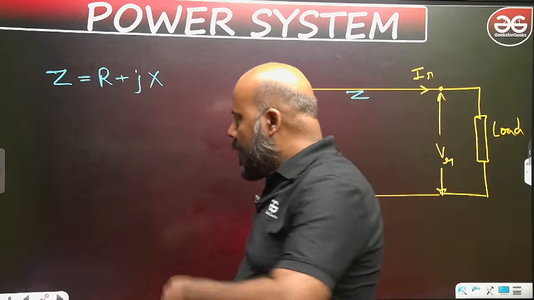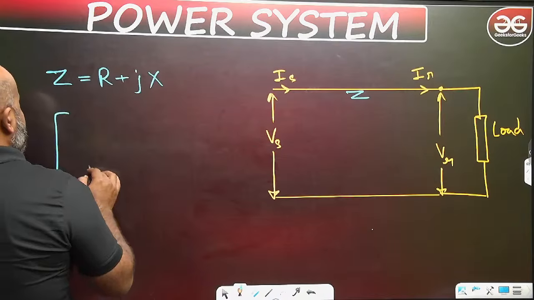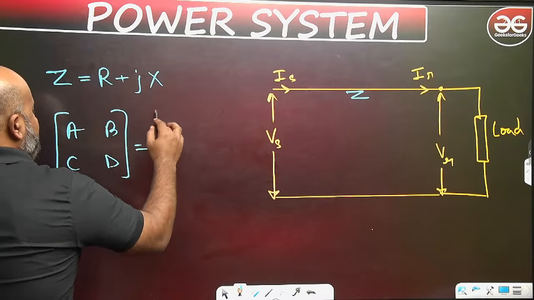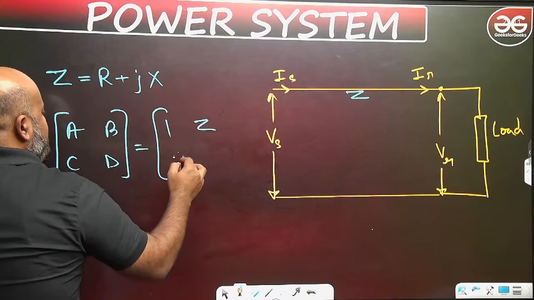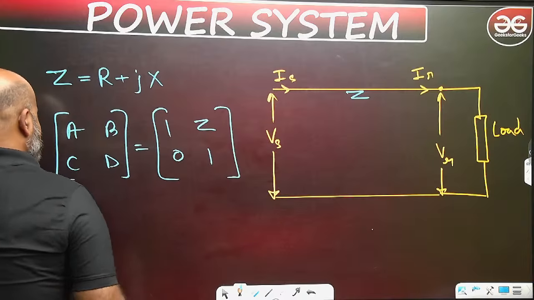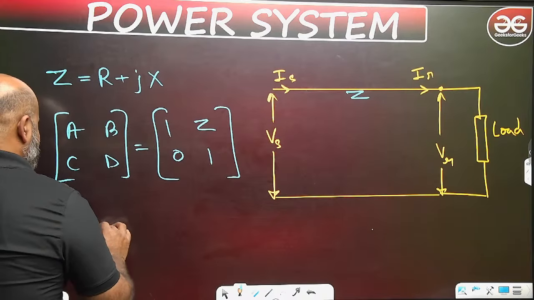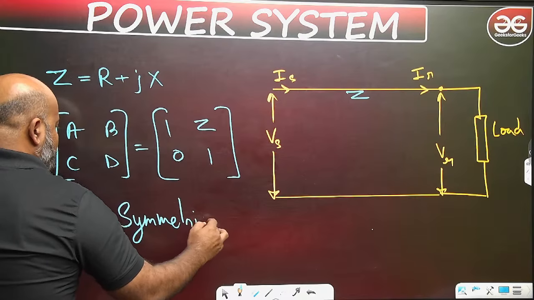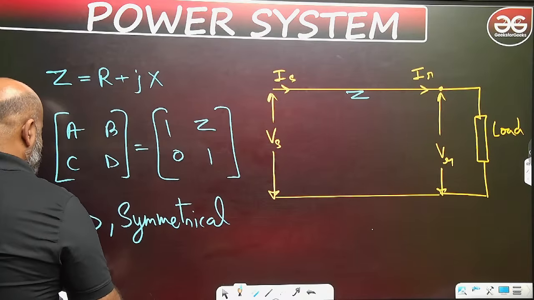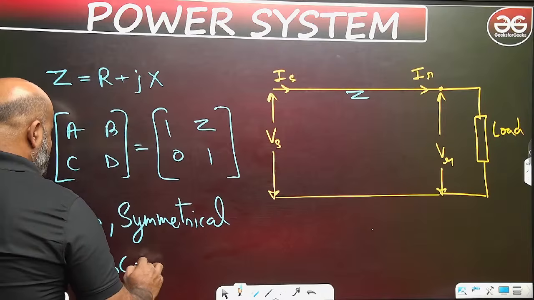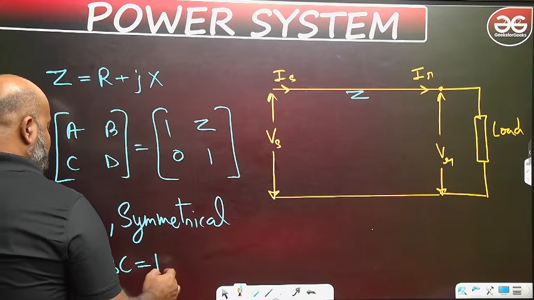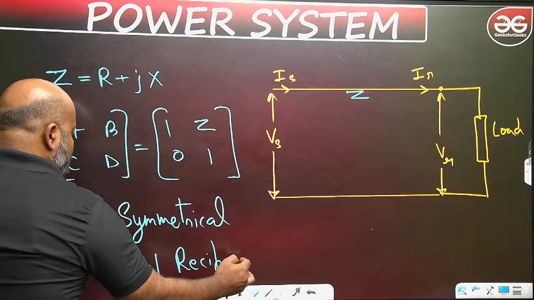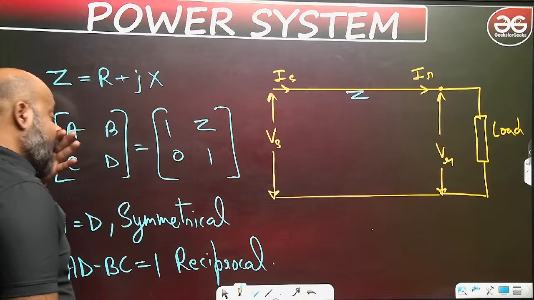Now if you see the ABCD parameters for this short transmission line, directly you can write it as 1, Z, 0, 1. So A is equal to D, it means this is symmetrical. And if you check AD minus BC, this is equal to 1. It means it is reciprocal also.